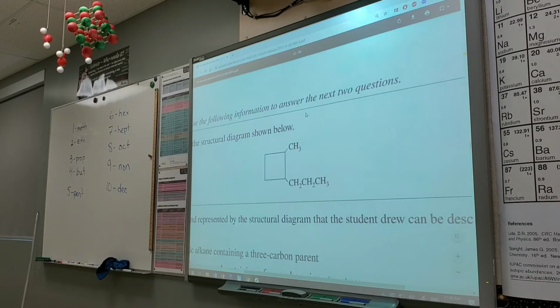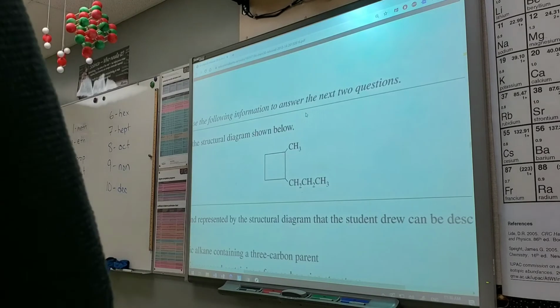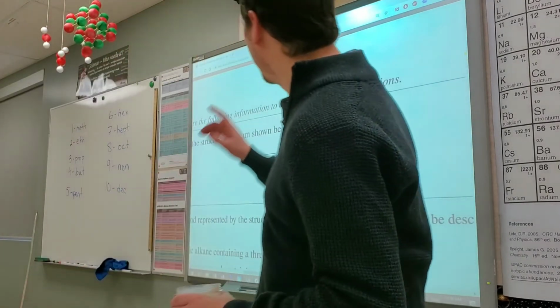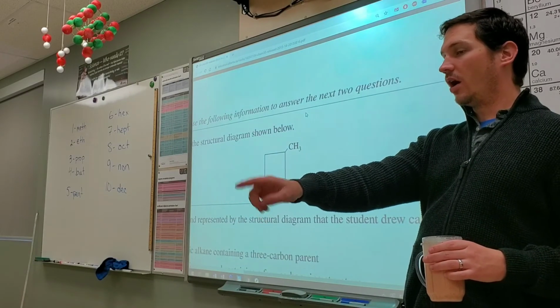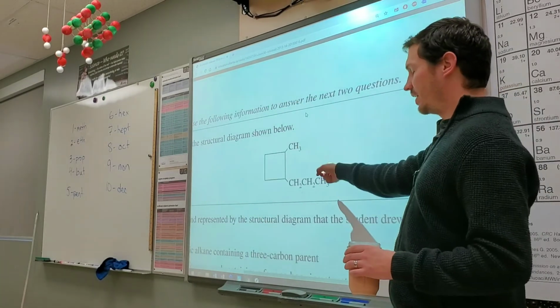That's the original structure the student drew. So you have the question in front of you, but that's the original structure that the student drew. So I want you to figure out how many of those are isomers of this.